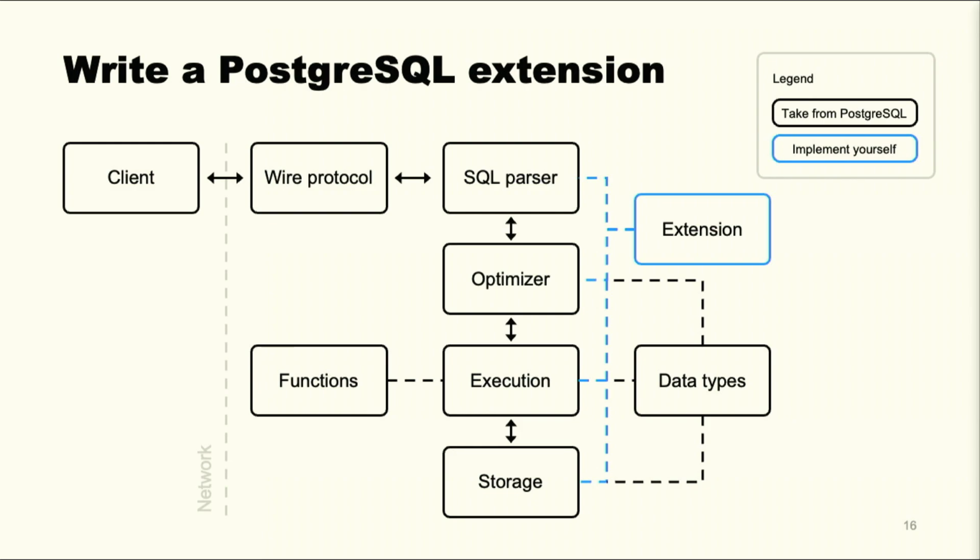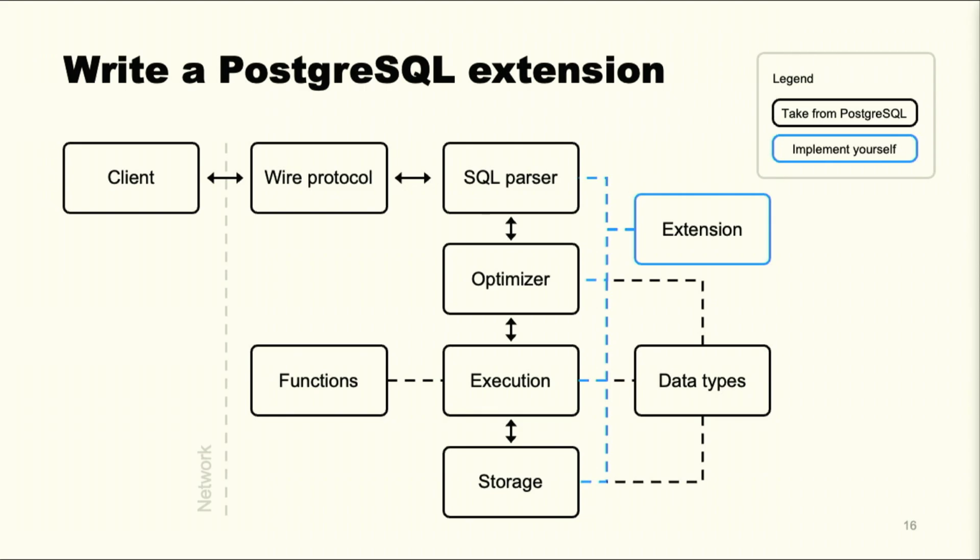Next approach kind of mitigates the issues with the previous one in a sense that it uses official PostgreSQL extension APIs to change things that also might be essential for your use case, for your database idea. And it takes the whole Postgres code, even the storage layer, typically, and it's the most clean way because you don't fork Postgres.